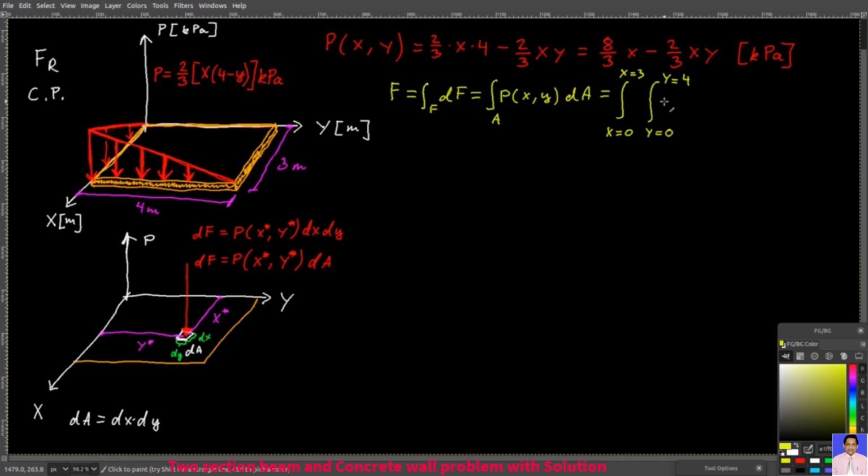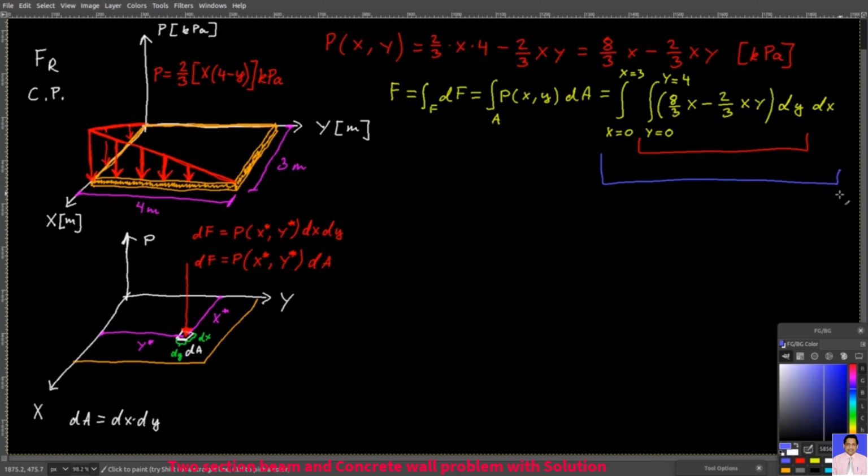And now my pressure function is this one here, and now I'm going to put here dy and dx. It has to be dy and then dx because this is my inner integral. I will evaluate this one first, and then I will evaluate the outer integral.